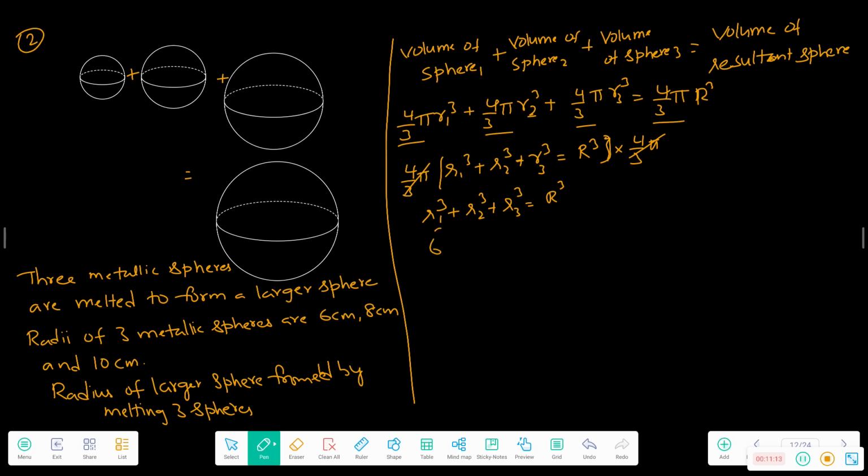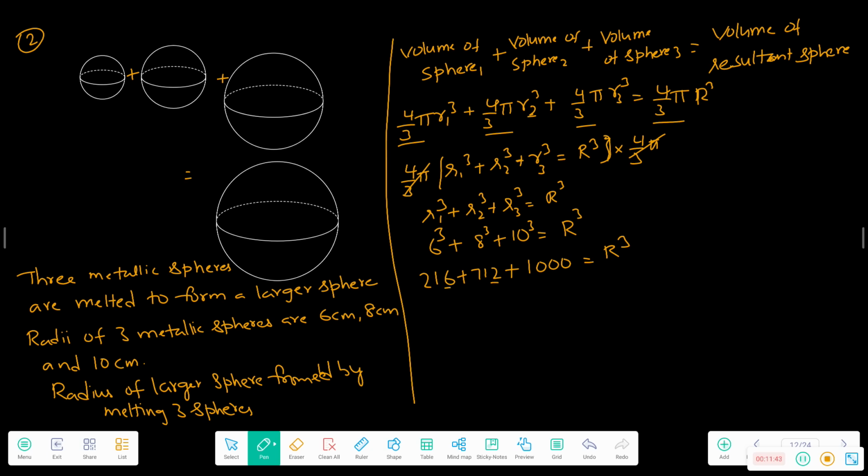R1 is 6 cube plus 8 cube plus 10 cube is equal to capital R cube. 6 cube, 6 6s are 36, 36 6s are 216. 8 cube, 8 8s are 64, 64 8s are 512, and 10 cube, that is 1000, is equal to R cube.